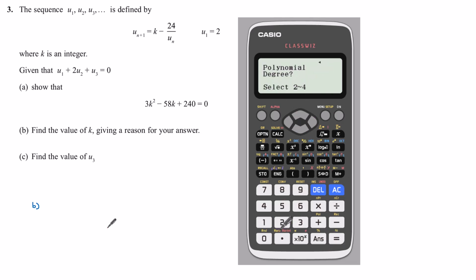We're solving a polynomial of degree 2 because we have a quadratic, with 3k squared, negative 58k, and then plus 240. Pushing equals gives us two solutions, 40 over 3 or 6.